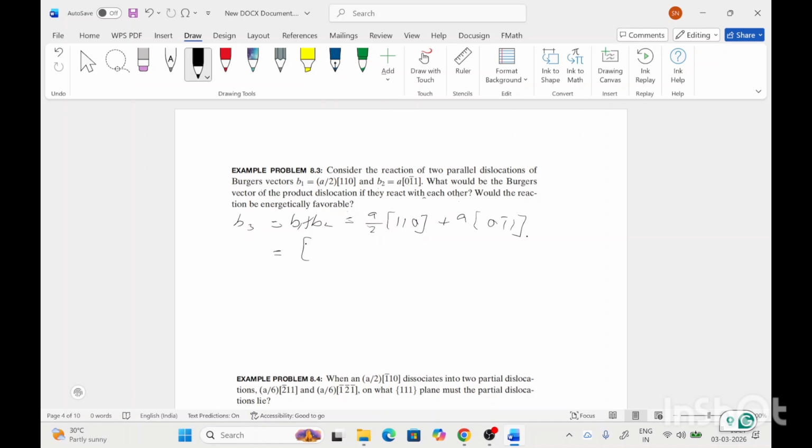So B3 will be a by 2 plus 0, then a by 2 minus a, plus 1. So not plus, this is 0 plus a.